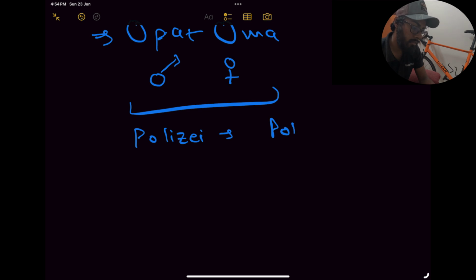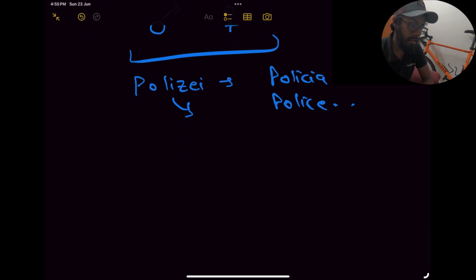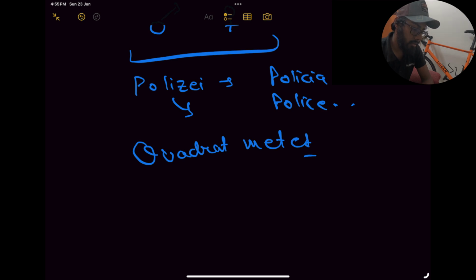So in Spanish we have Policia, in English we have police, something like this. So I think they are getting what this is. And from Qu, I think you can have something like Quadratmeter.